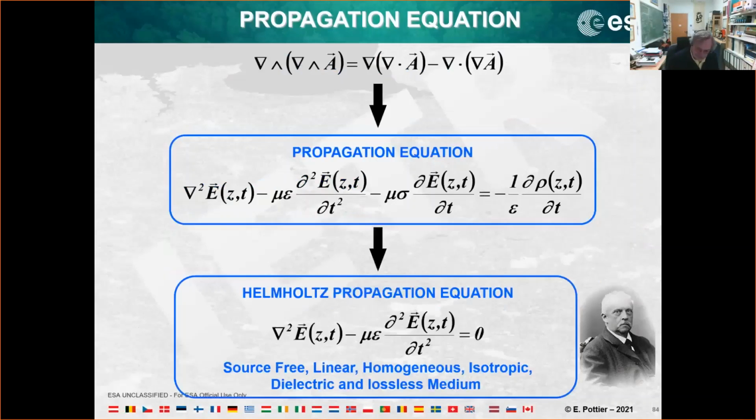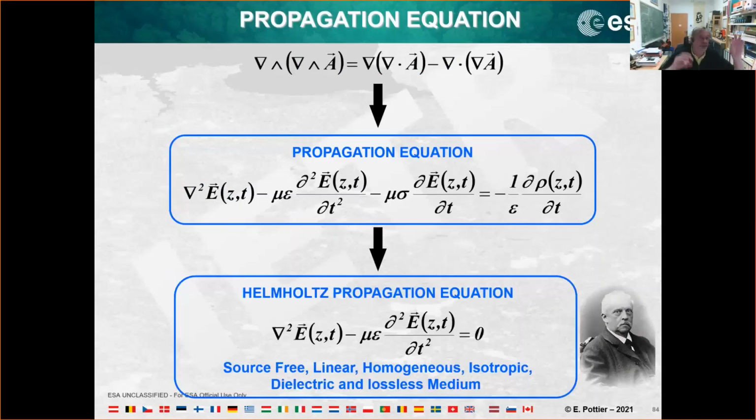Then Helmholtz derived what we call the Helmholtz propagation equation, or the telegraphist propagation equation. In fact, he starts from the previous equation and makes some simplifications because we are living today in a source-free environment.